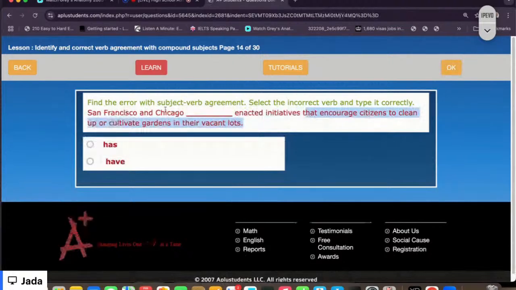So San Francisco and Chicago dash enacted initiatives that encourage citizens to clean up or cultivate gardens in their vacant lots.